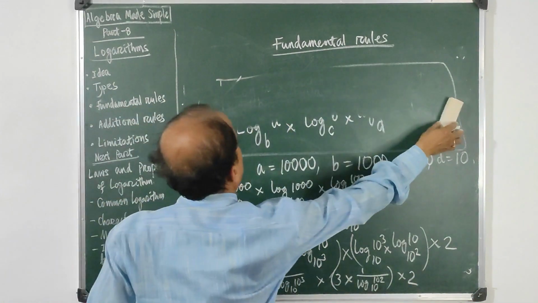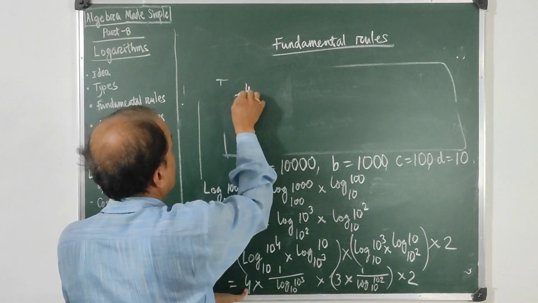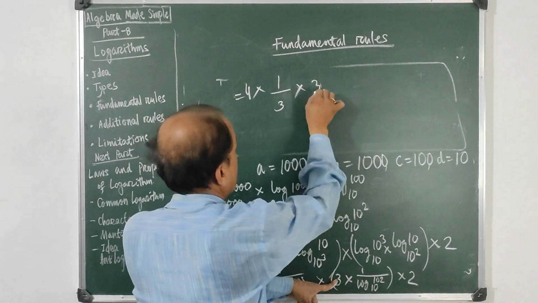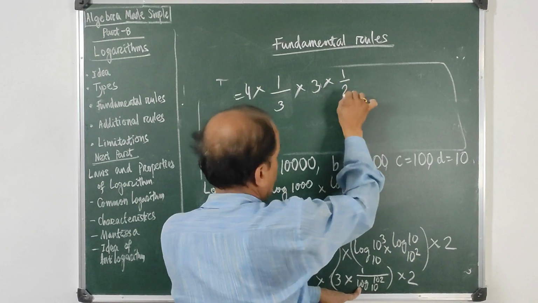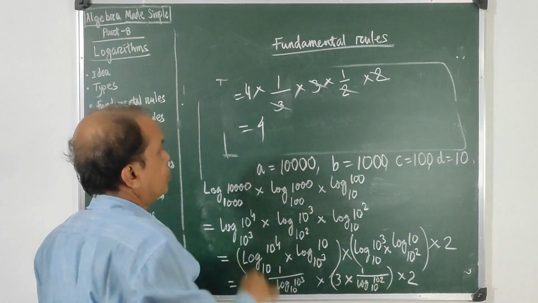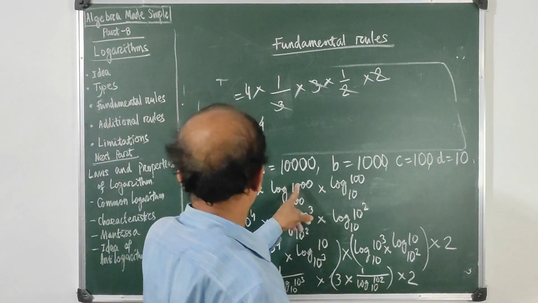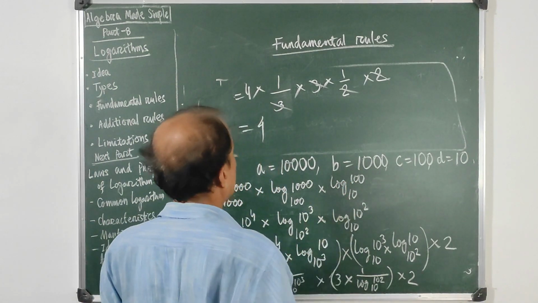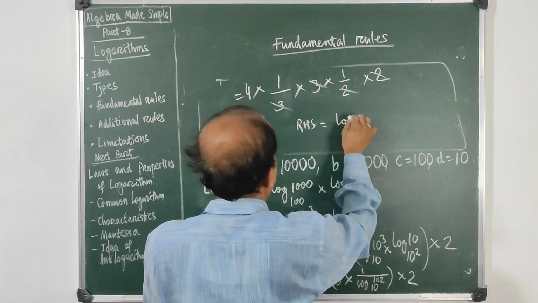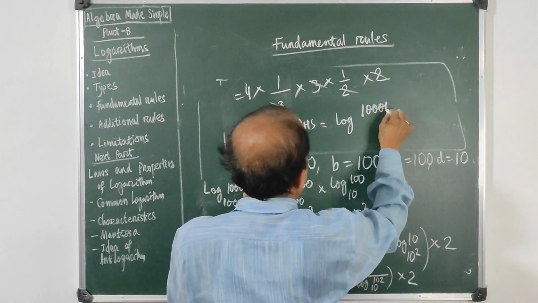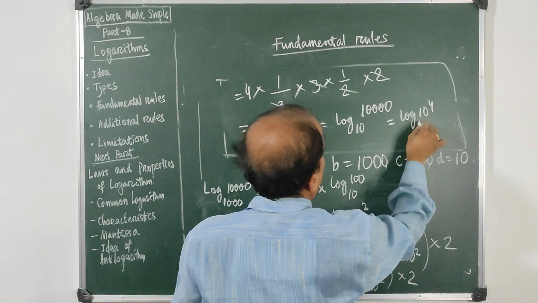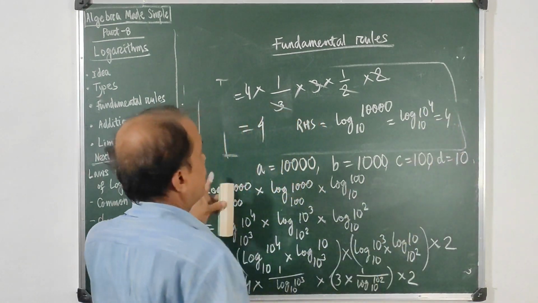So how much do we get? This much is 4, into 1 upon 3 into 3, into 1 upon 2 into 2. So this much is 4, and RHS should be log 10,000 to the base 10, which is equal to log 10 to the power 4 to the base 10, which is equal to 4. So we get the same result.